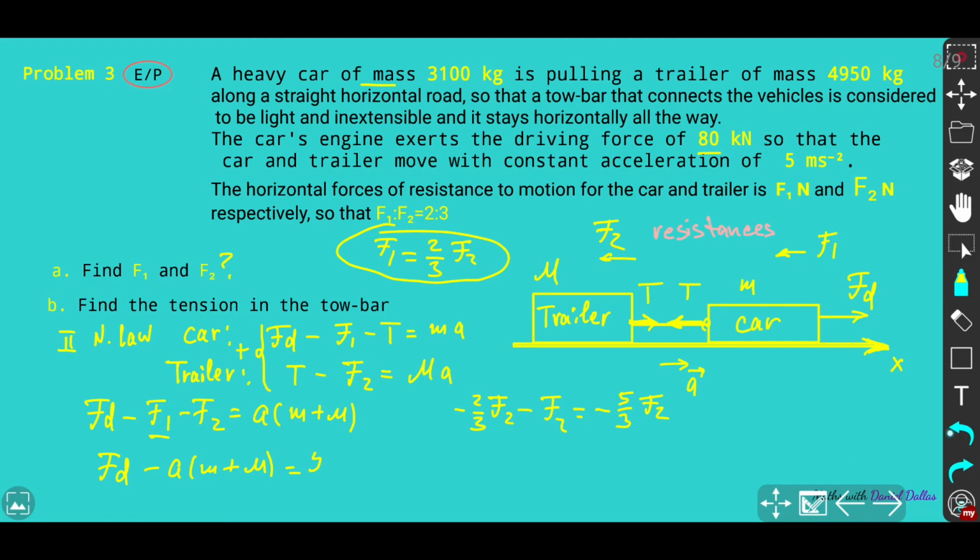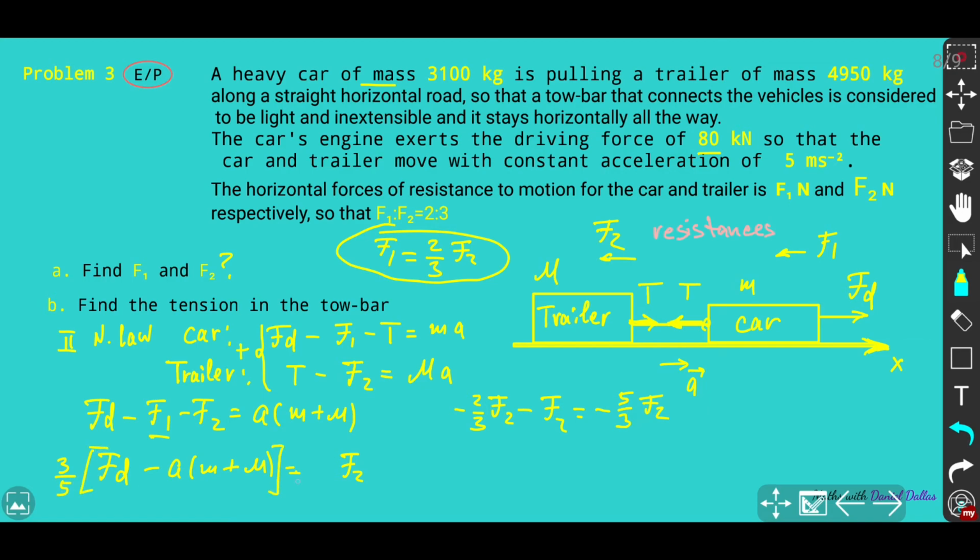But I don't want to keep that, so I'll erase it and express it as a fraction. We've got 5/3, so inversely it would be 3/5 of this whole expression, and that's going to be the resultant value for F2.